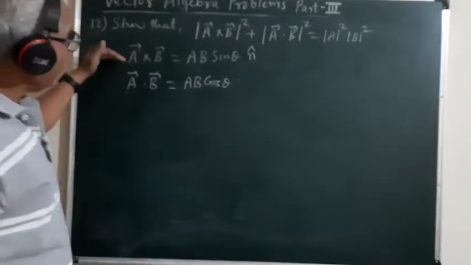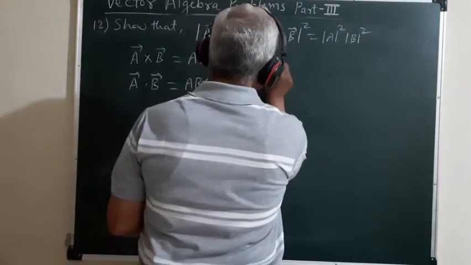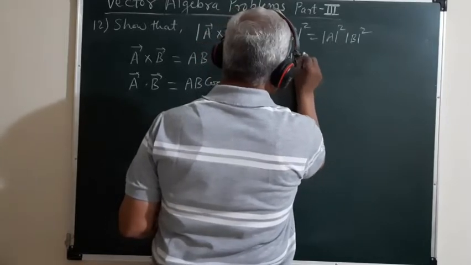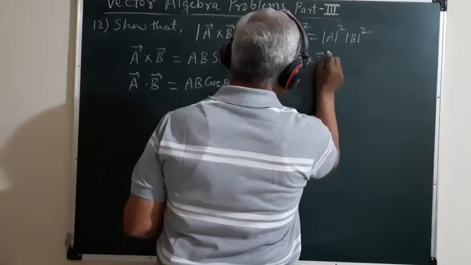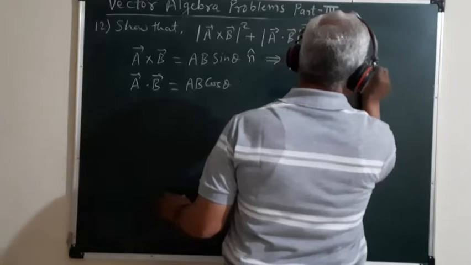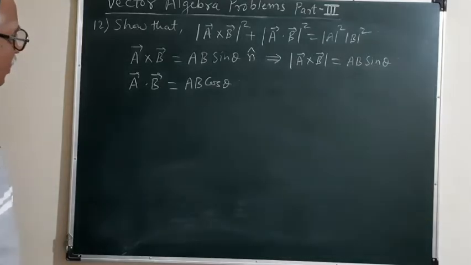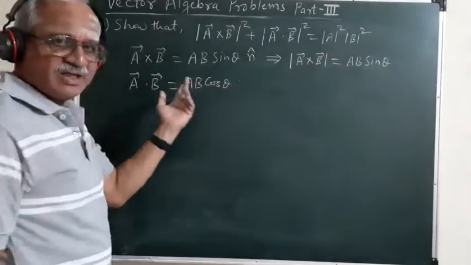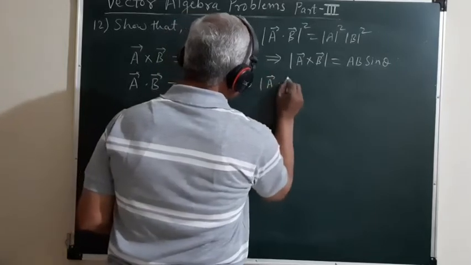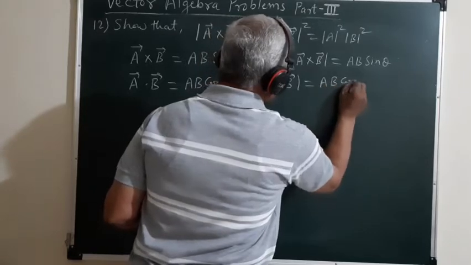So if a bar cross b bar is a vector, then its magnitude is given by modulus of a bar cross b bar equal to ab sin theta. And a bar dot b bar itself is a scalar quantity, but still we can write modulus of a bar dot b bar is equal to ab cos theta.